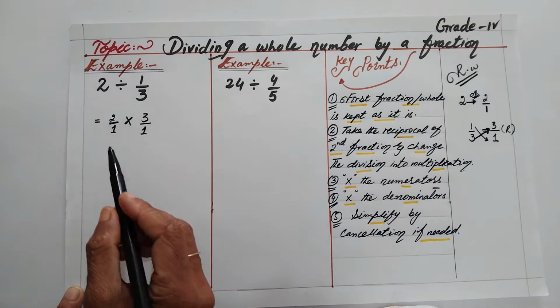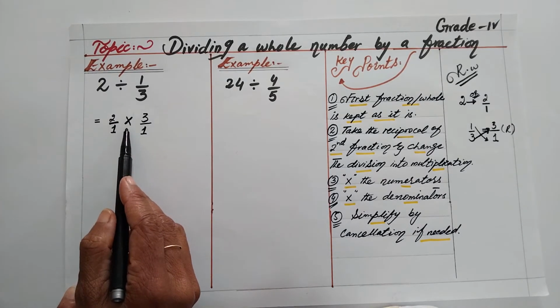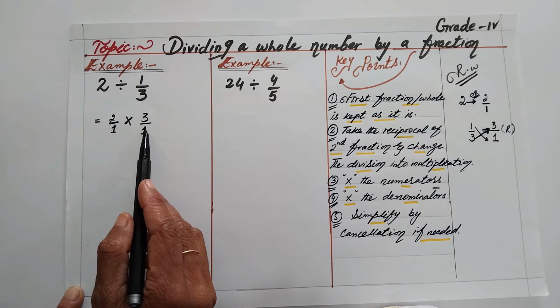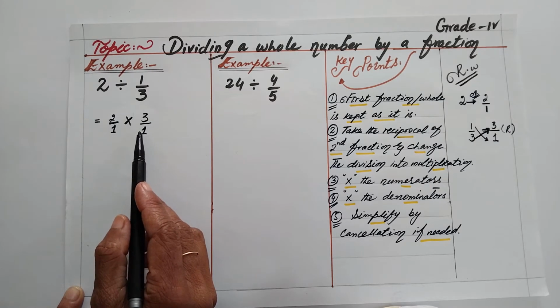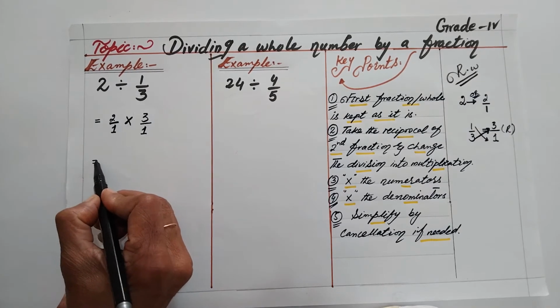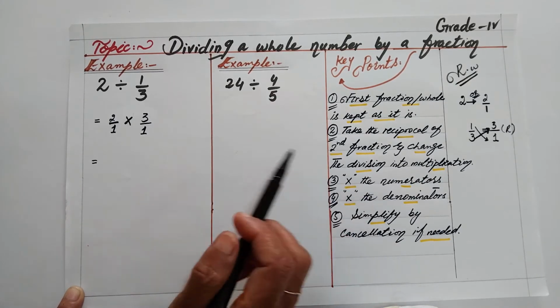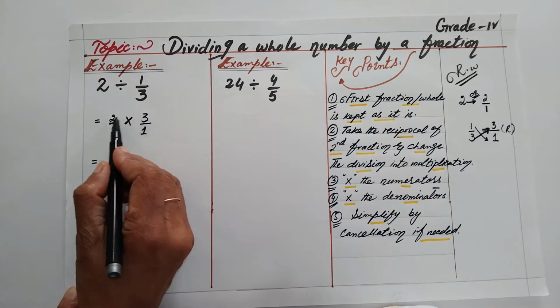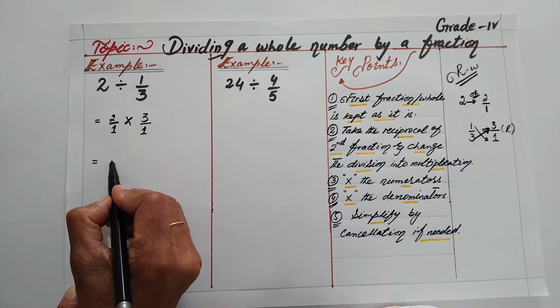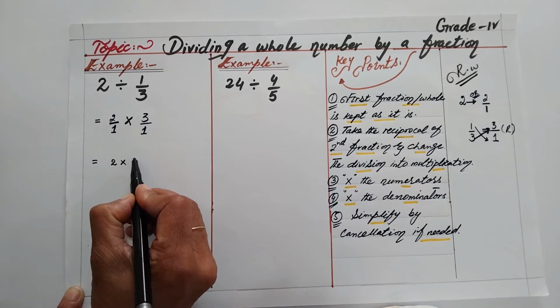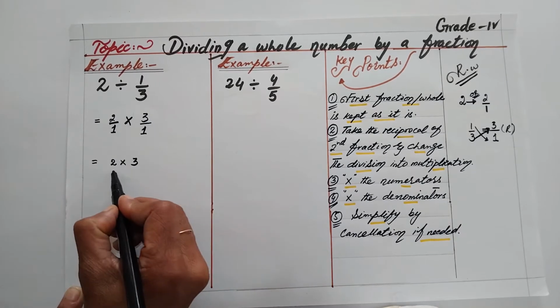After converting the division sign into multiplication and taking the reciprocal of the second fraction, now we have to multiply the numerators and multiply the denominators. What are the numerators? 2 and 3 are the numerators, so 2 multiplied by 3.